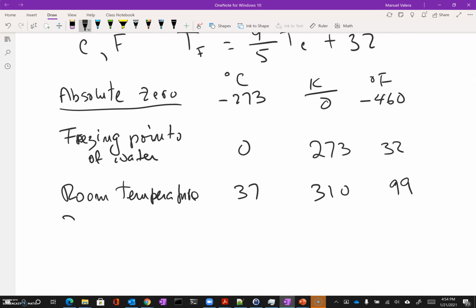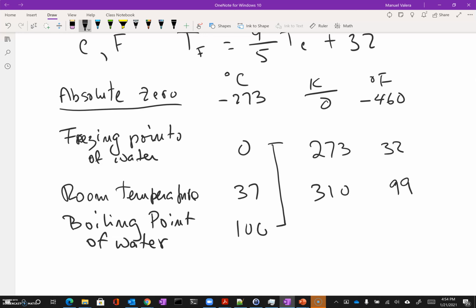Finally, boiling point of water. So boiling point of water, well, that would be 100 in Celsius, and you can see these are the two quantities that are used to define the Celsius scale.